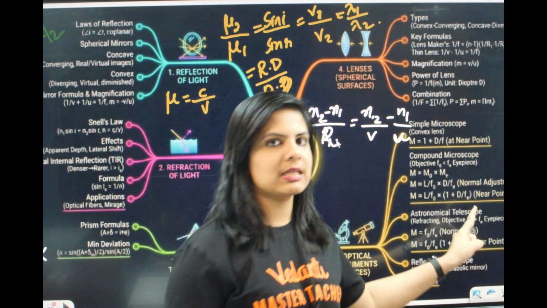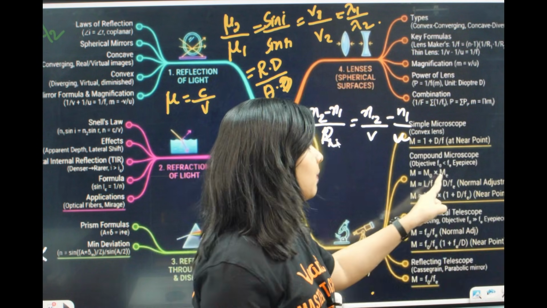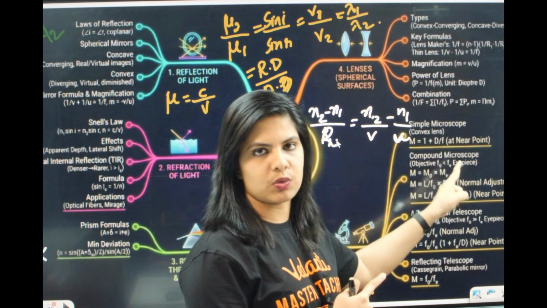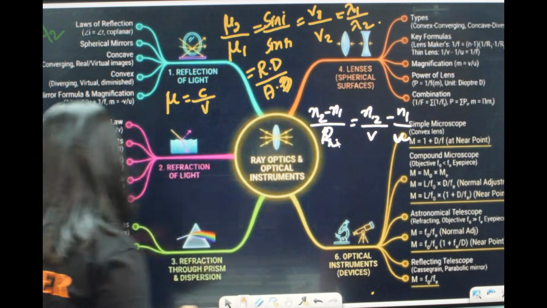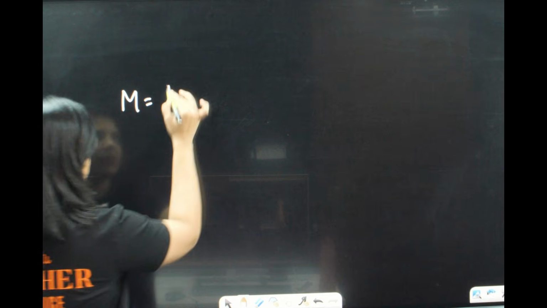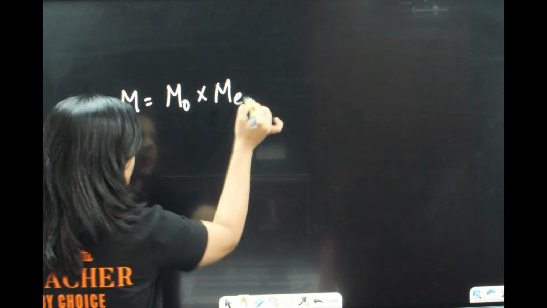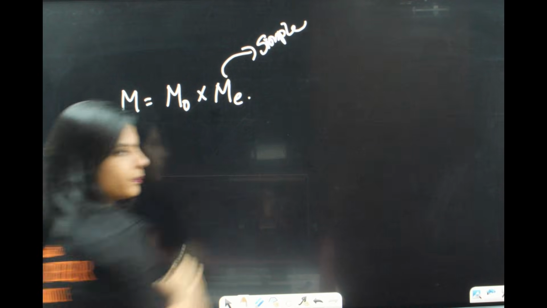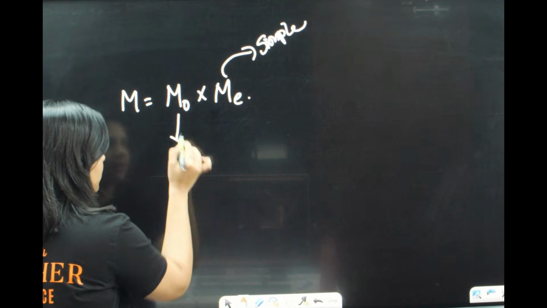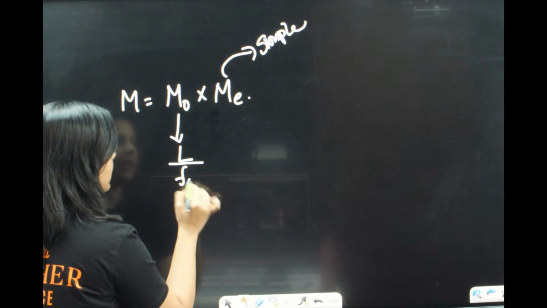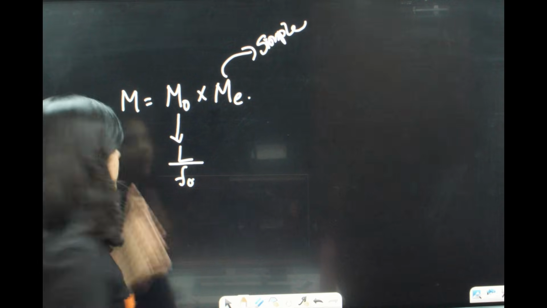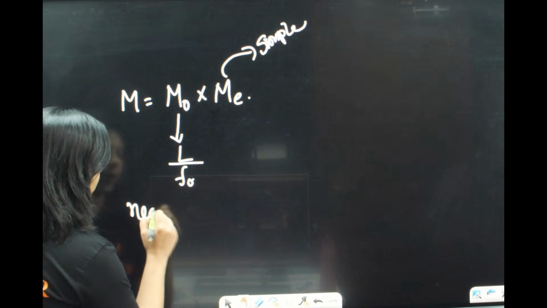Now the thing is, in the normal adjustment, the magnification of this eyepiece is simply our simple microscope. Okay? So now I'm just talking about the magnification in the compound microscope. That is MO into ME. In the eyepiece it is simply our simple microscope. Okay? And the magnification of the objective is L by FO, because the object distance and image distance are L and F naught. Now I'm going for the near point.